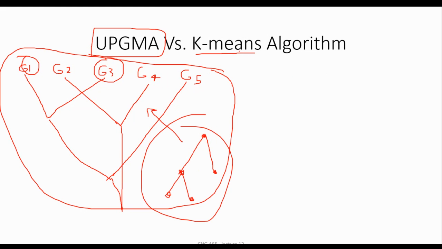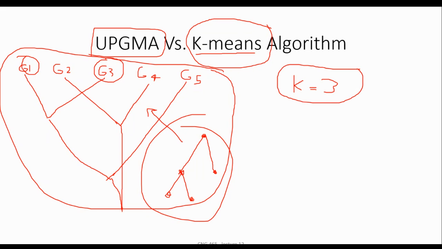But for k-means, what's the difference between this algorithm and UPGMA? What we do here is to, first of all, determine about the value of k. How many groups do you want to have? For UPGMA, we don't talk about it. We don't know how many groups we have.